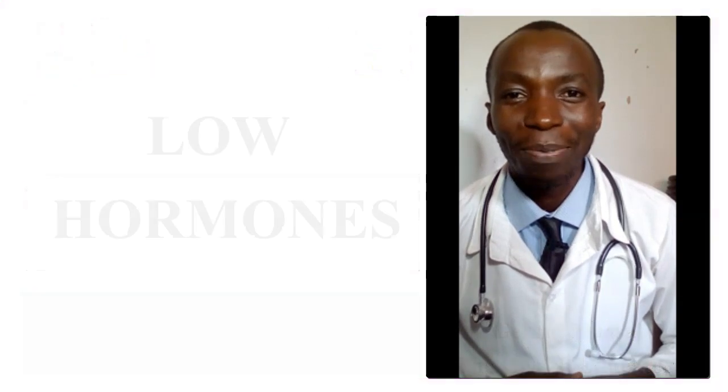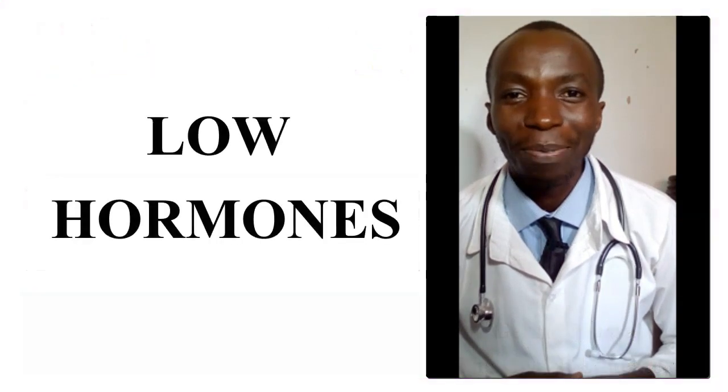Hormones. When a woman has low hormones in her system, there is going to be a negative pregnancy test showing, but specifically there will be no periods. For periods or the menstrual cycle to be regular and balanced, the hormones should be balancing.